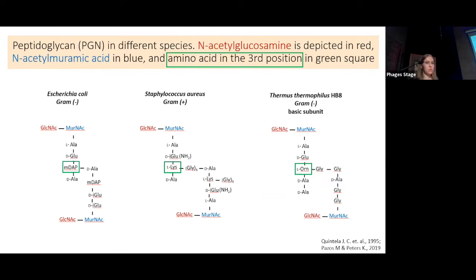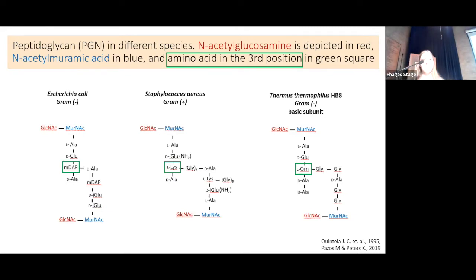Peptidoglycan is a structure that is built of glycan strands that are cross-linked by short peptides. There are some similarities and differences between species.